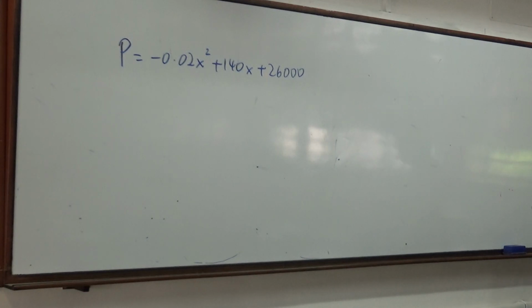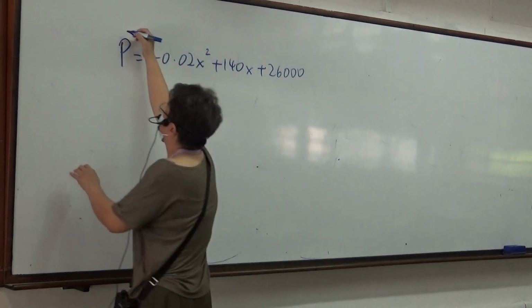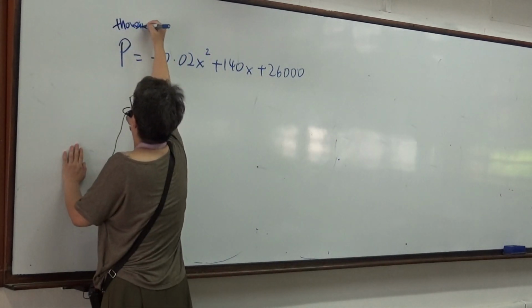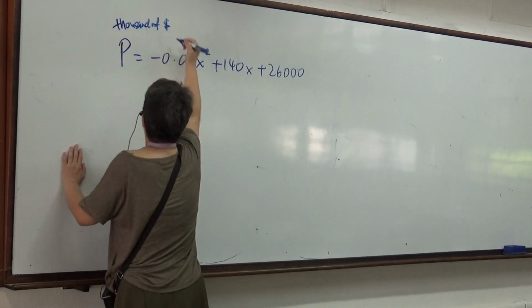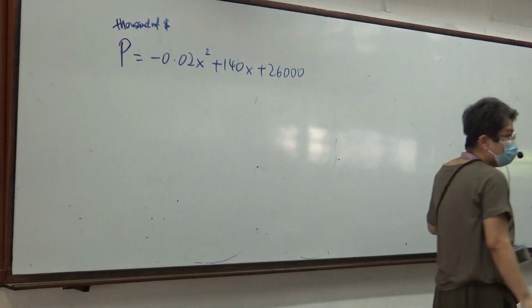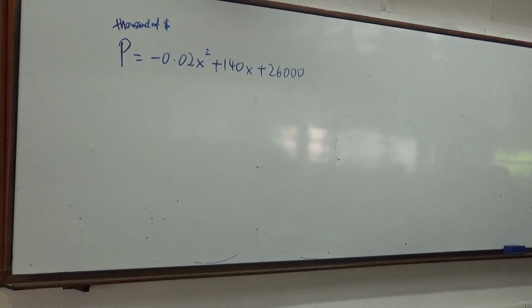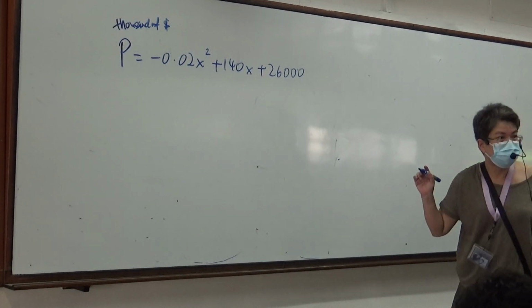Okay. I want to know this P is in what? Thousands of dollars, right? Correct. Is it in thousands of dollars? How about the x is in what? Thousands, right?